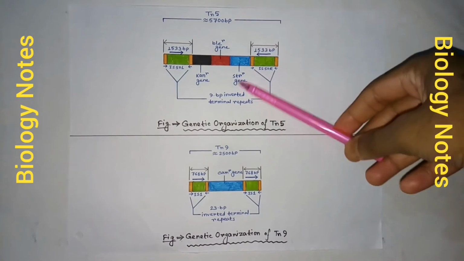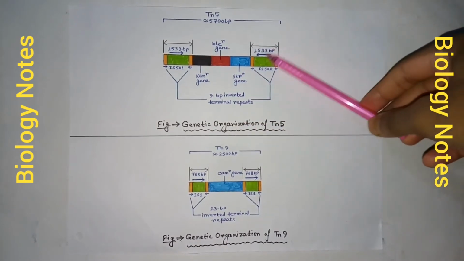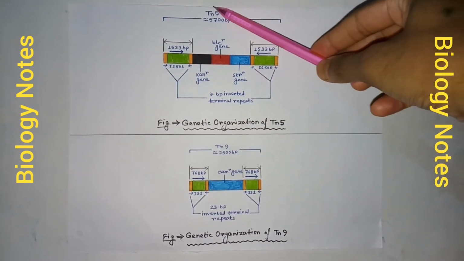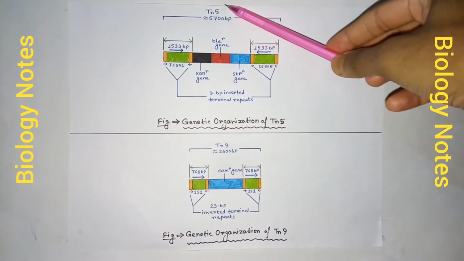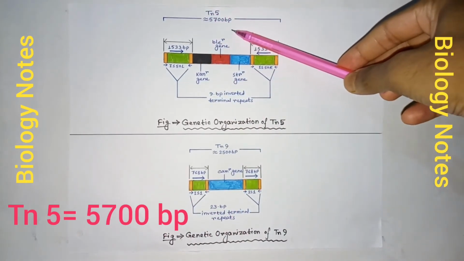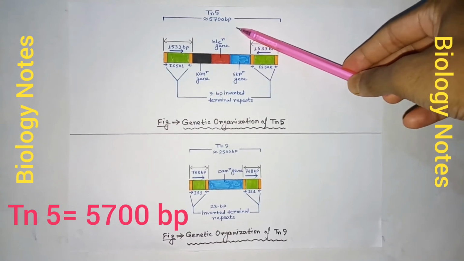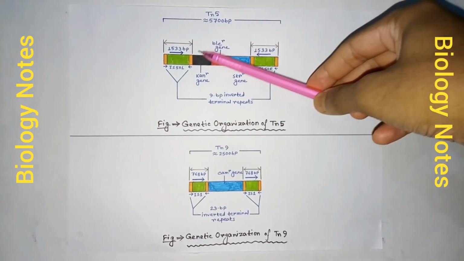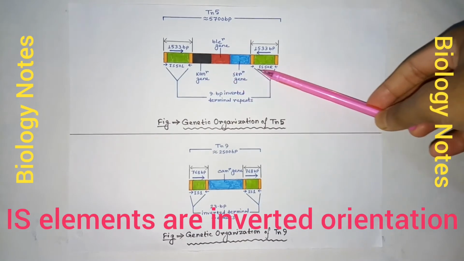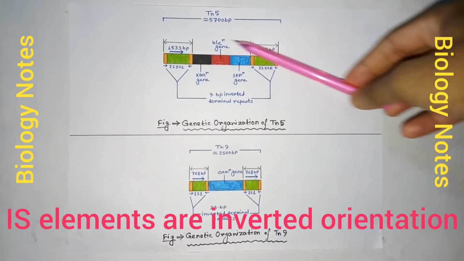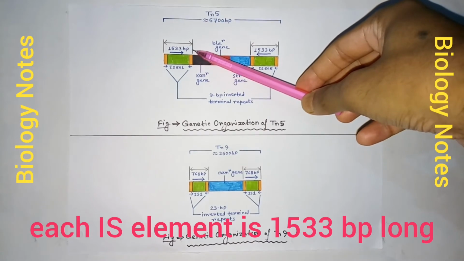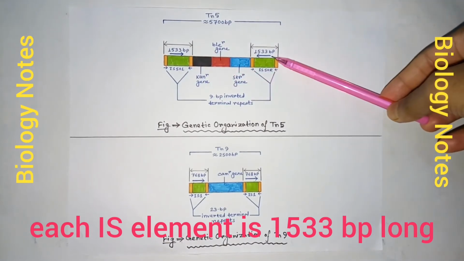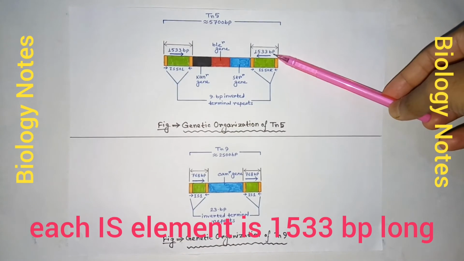Now I am showing you two other composite transposons, Tn5 and Tn9. Tn5 is approximately 5700 base pairs long. The flanking IS elements are in the inverted orientation with respect to each other, and each IS element is 1533 base pairs long.